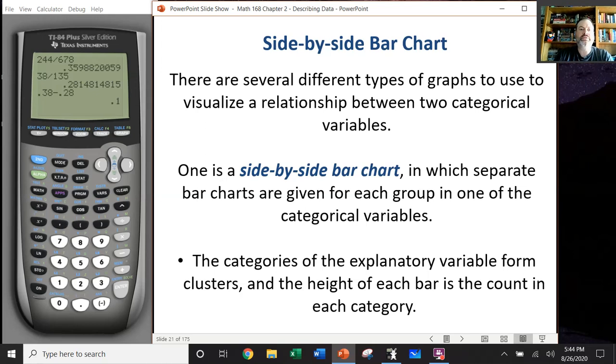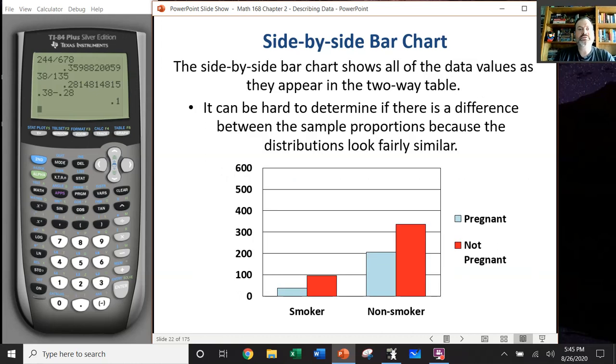There are two variables in this study, both categorical, and then we count the response variable categories. So here we have smoker, non-smoker, pregnant, non-pregnant. You can see that the bar charts are clustered by the explanatory variable. That's how we generally do it.